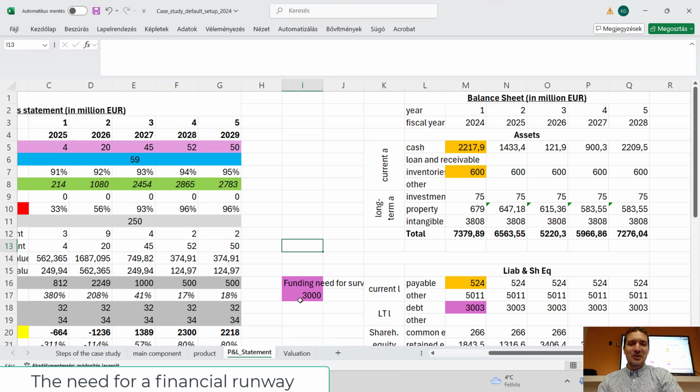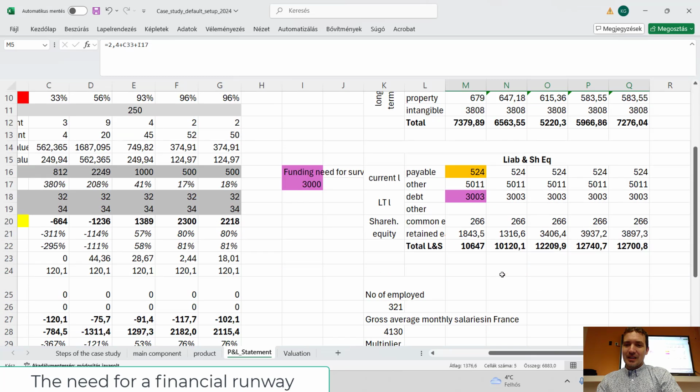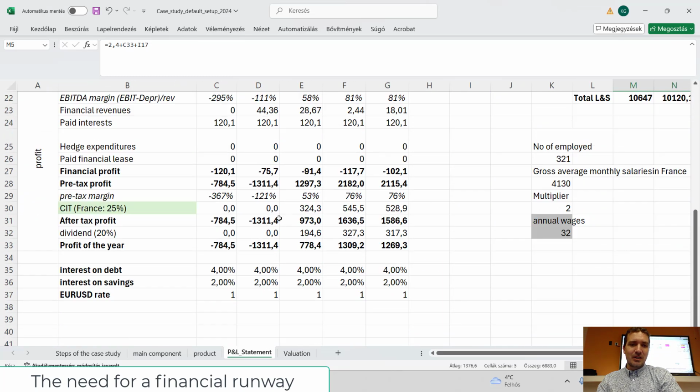So now from the original 2 billion, we have to increase it to 3 billion euros. But now we are not running out of cash anymore. And also we maintained our profitability at a reasonable level.